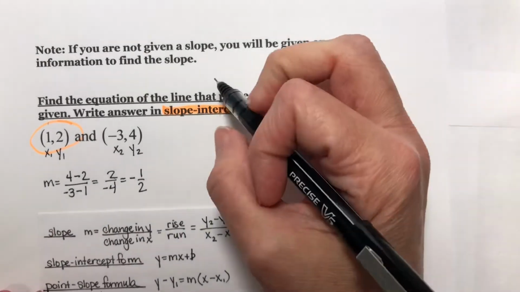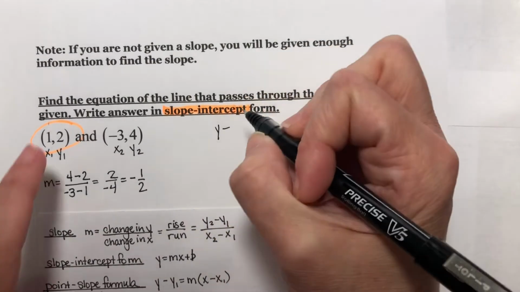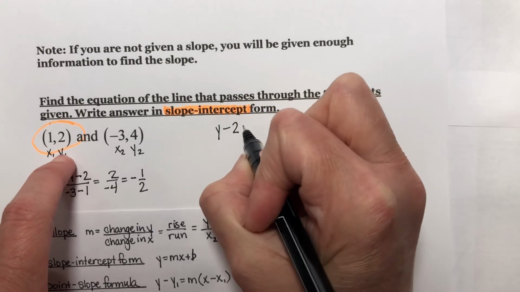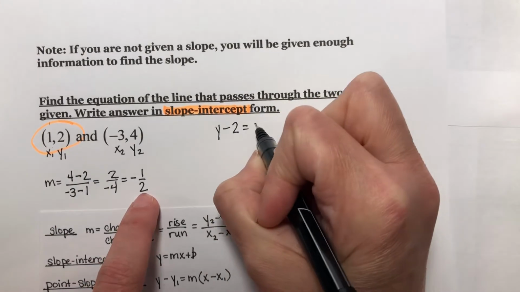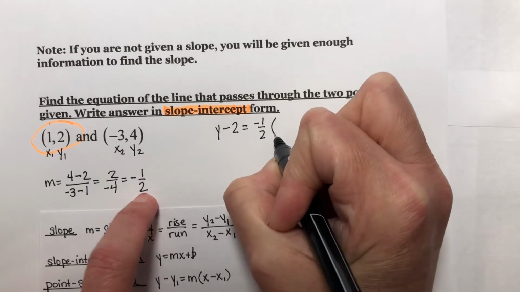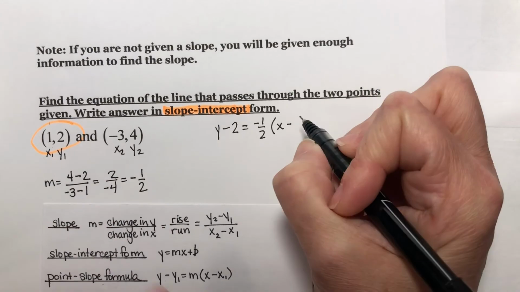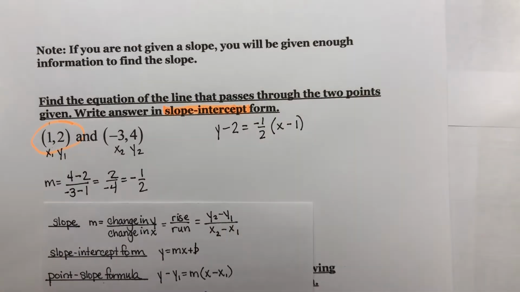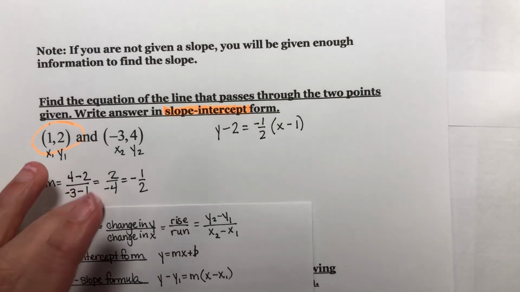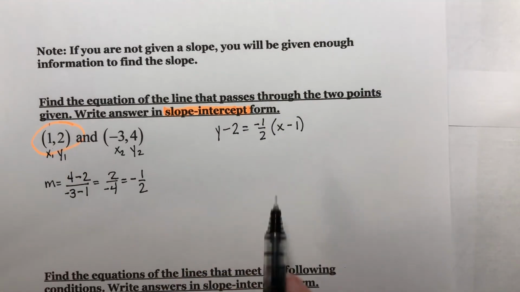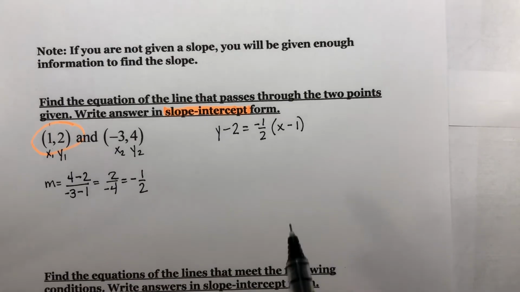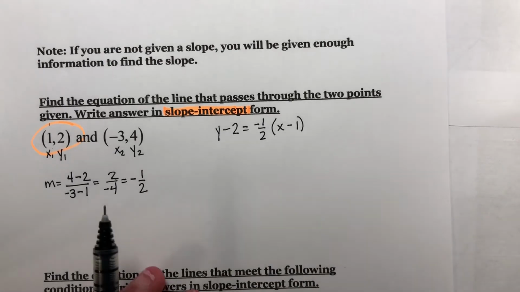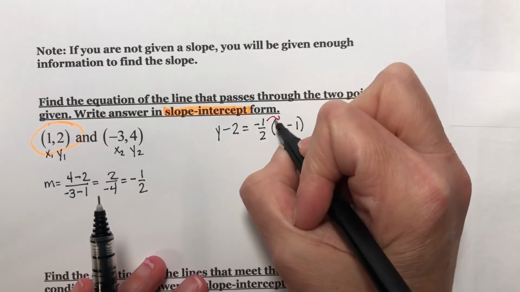Okay, so y minus y1, y1 is 2, equals your slope, which is negative 1/2, times x minus x1, and x1 is 1. Okay. Now we don't have any double negatives in here to clean up, which is always nice. I am going to distribute a negative 1/2.